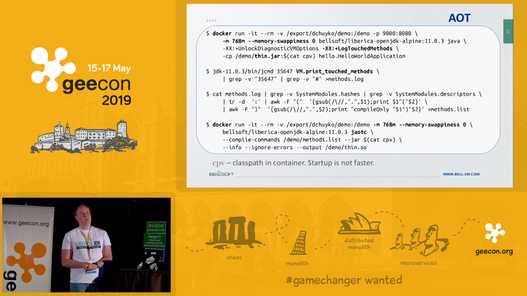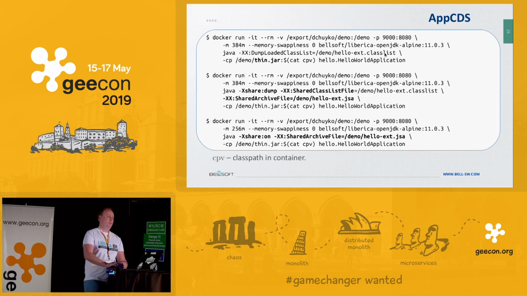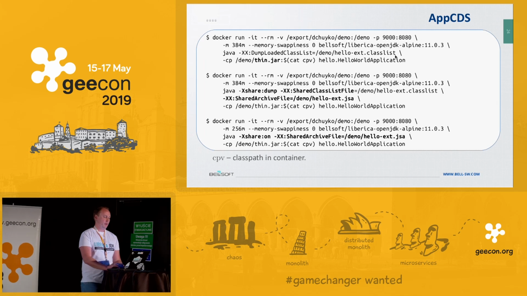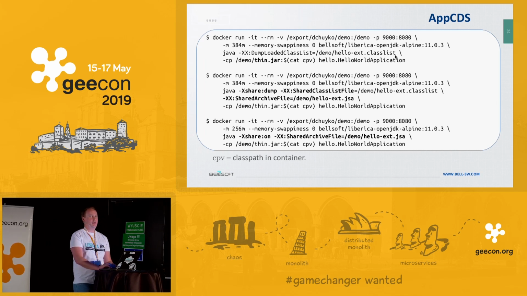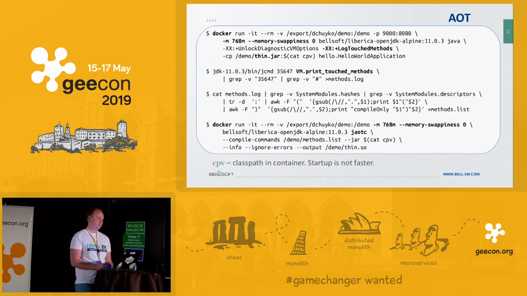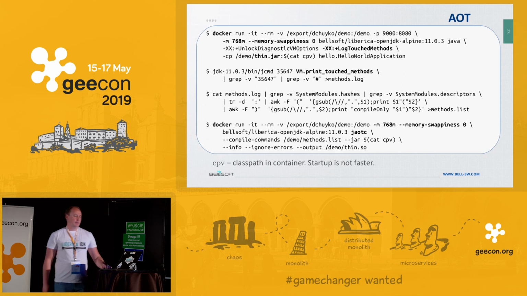So here are a couple more words on AOT. One of the approaches we can apply is to log all methods that were executed, for example, until the application is started, our microservice.